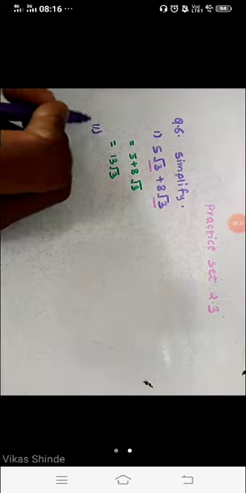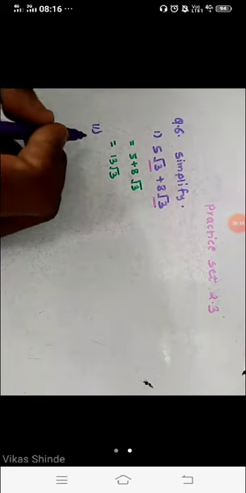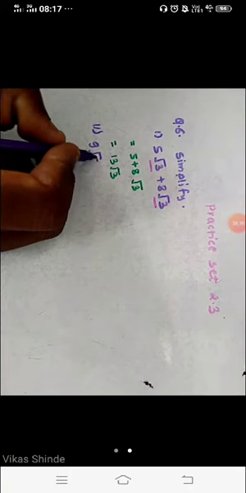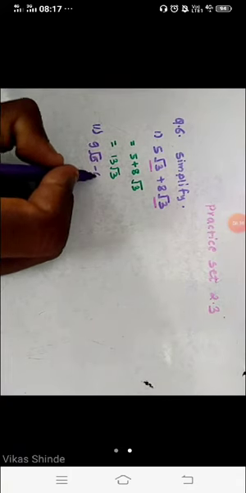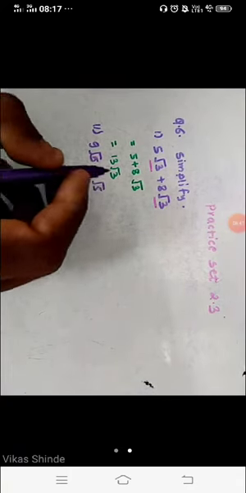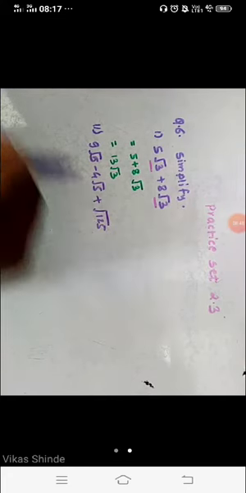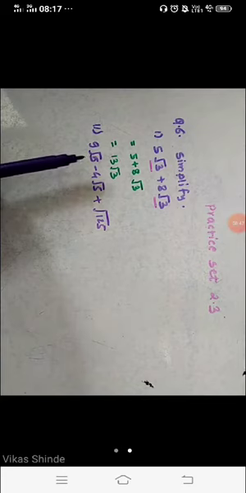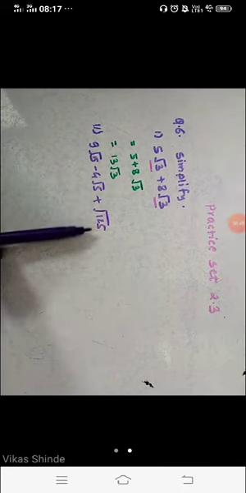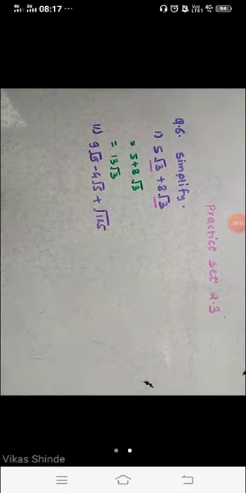Now second one here student. Question number 2. 9 under root of 5 minus 4 under root of 5 plus 1 under root of 125. If you look student here, here is under root of 5, here is under root of 5. So here is 125. Be careful, keep it in your mind.